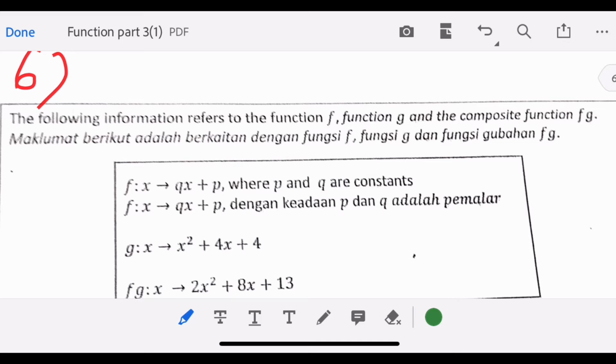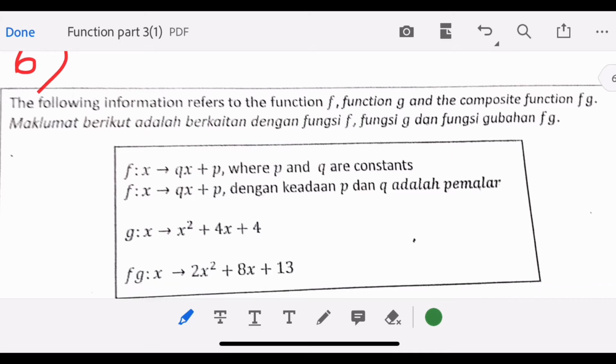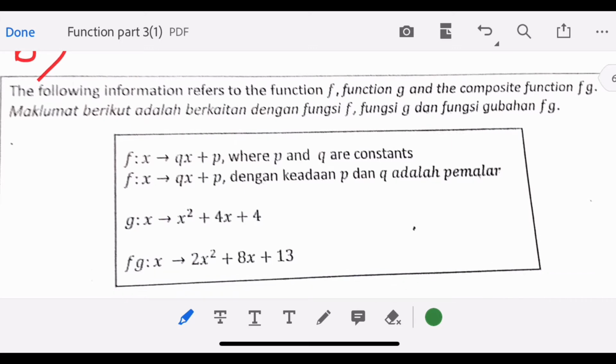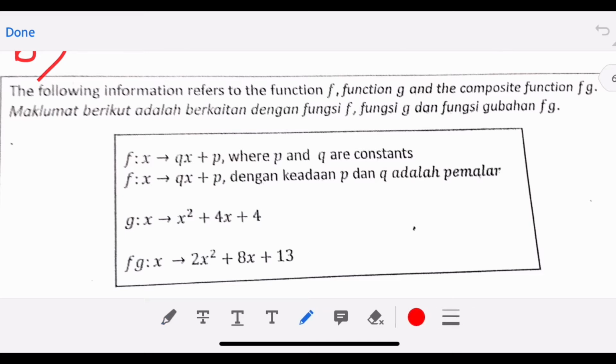So I'm going to discuss this question because I noticed that some of the students cannot do questions like composite function at all, especially not only Form 4 but also Form 5 students that you just learned last year. You've forgotten, I guess. So let me reteach.